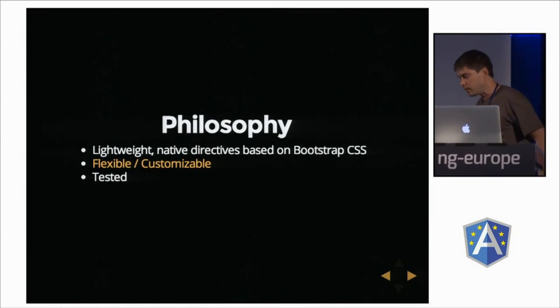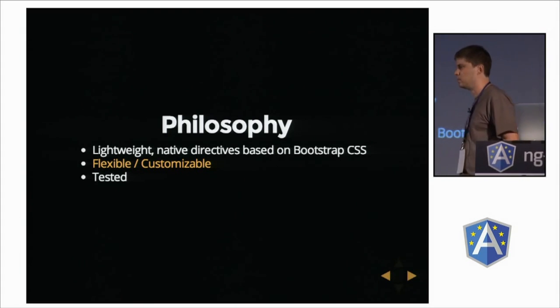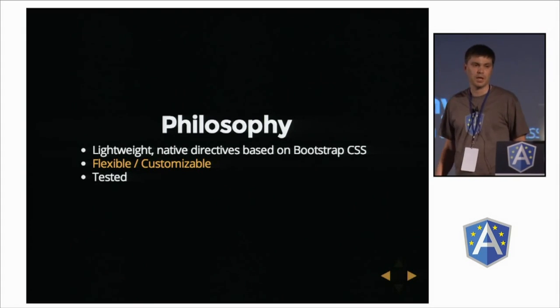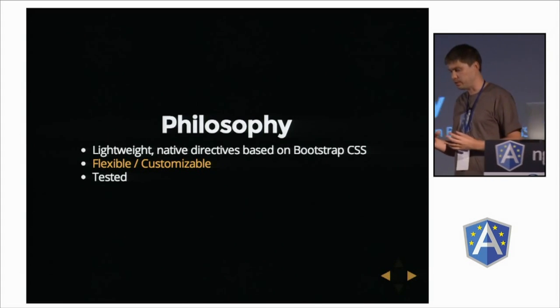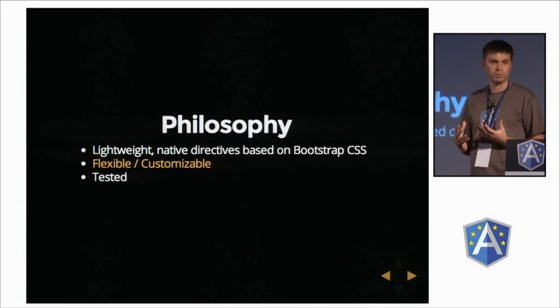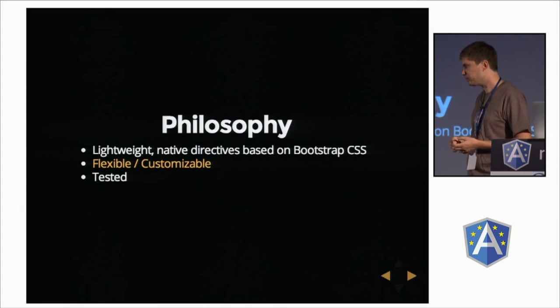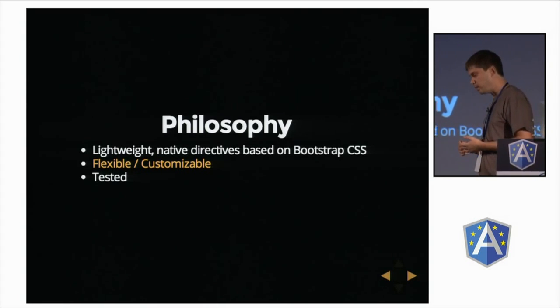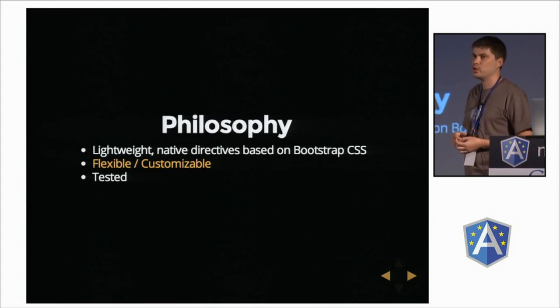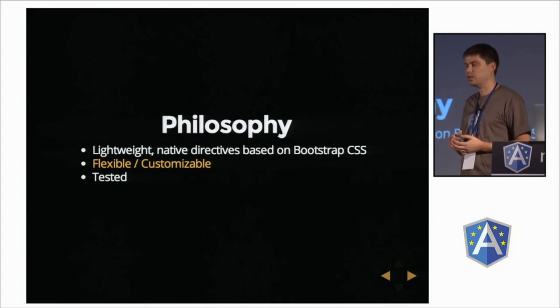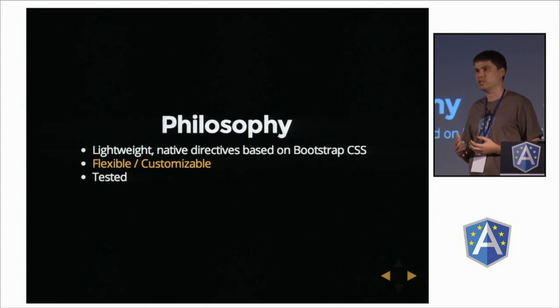So when we started to work on this project, quite some time ago actually, we had some underlying principles, some non-negotiable things. And there was one that was pretty controversial at the time, which is that we said we want to have native AngularJS directives.